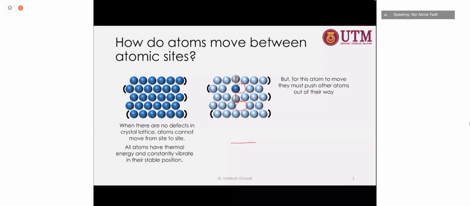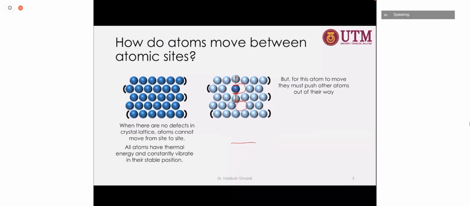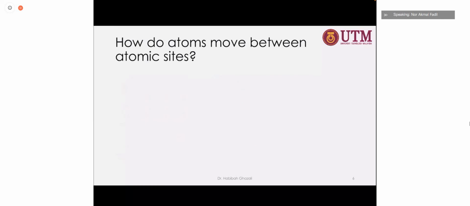There is a vacancy next to these dark blue atoms, but the atom needs to pass through this gap between the two atoms. So it needs to push the atoms to allow it to move from its original position to the vacancy. To do that, it requires activation energy, which it can obtain basically from heat.